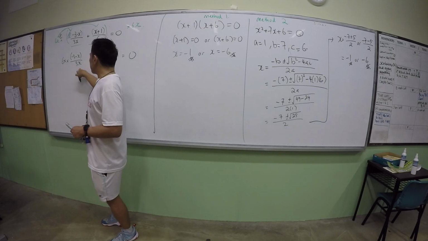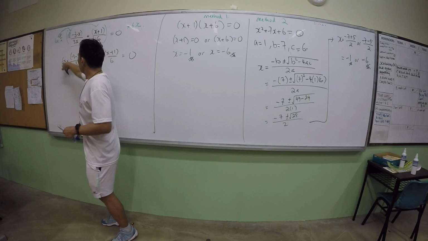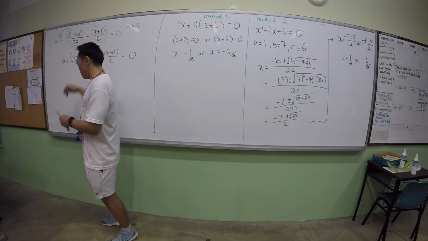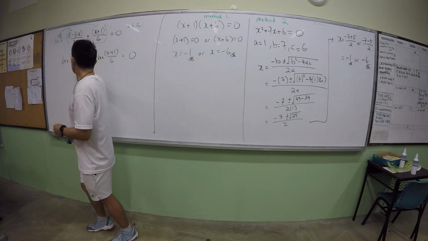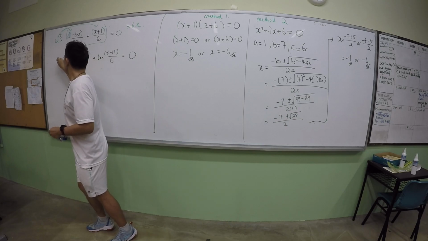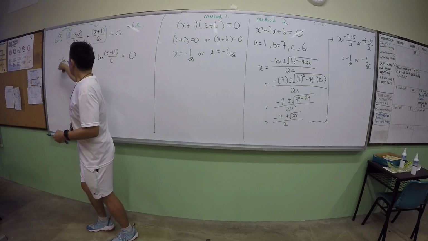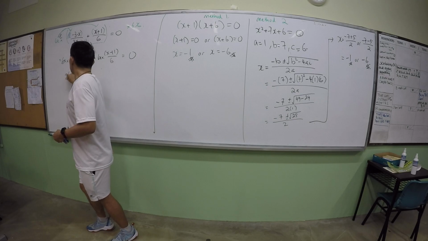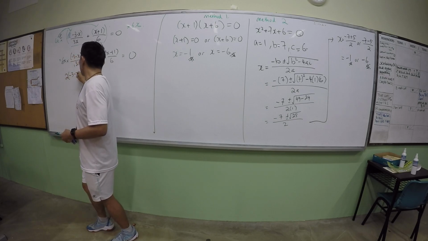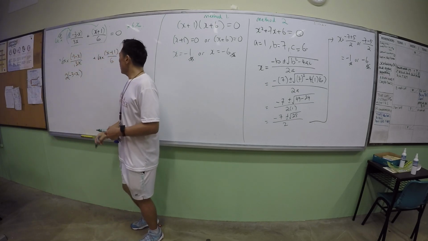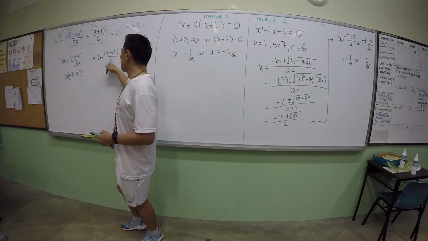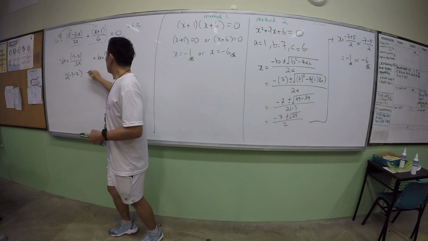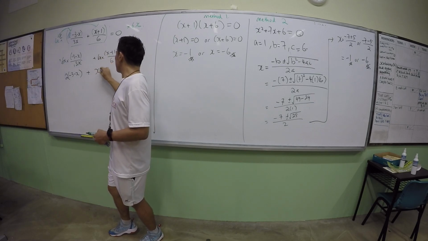Once I multiply 6x to the first fraction, 6x and 3x cancel away, left with 2. 2 multiplied by the numerator. So I'll have 2 times minus 3 minus x. 6x and 6 cancel, left with x. So x multiply the numerator.